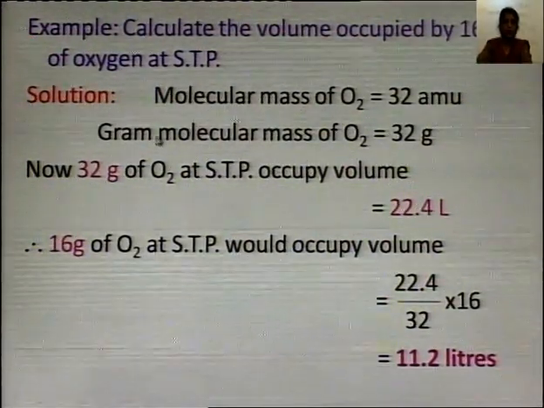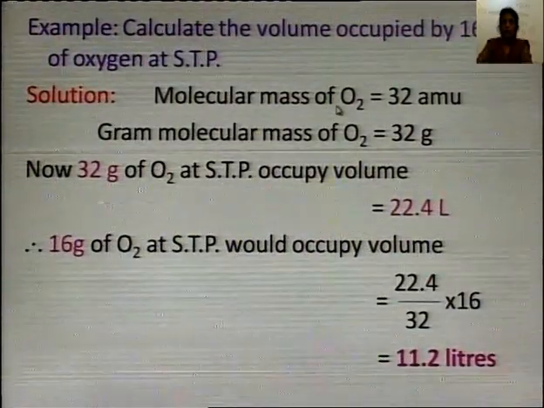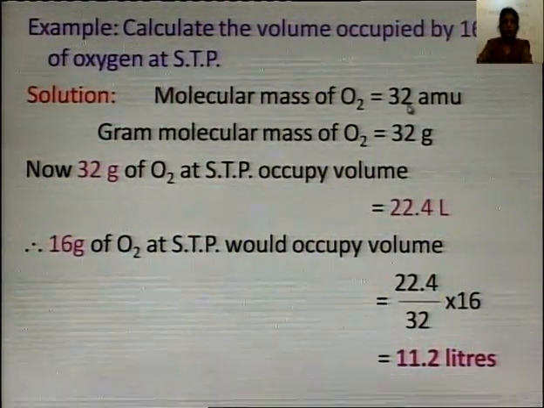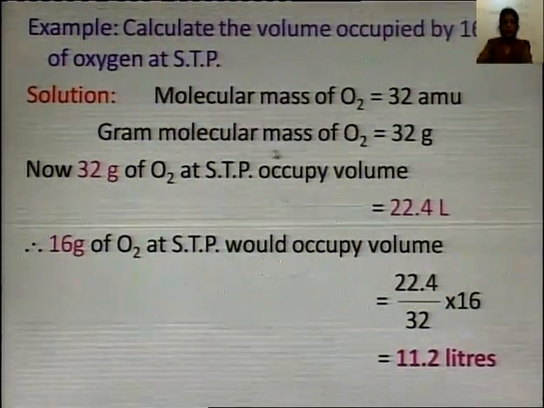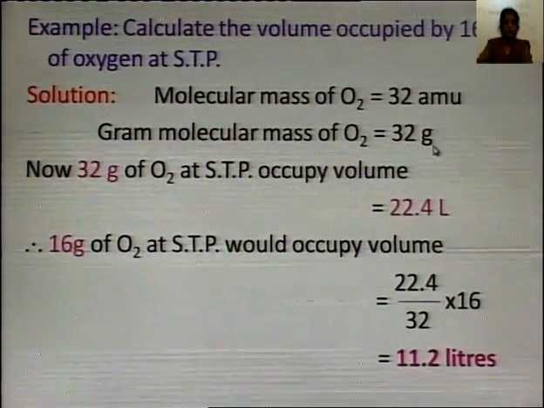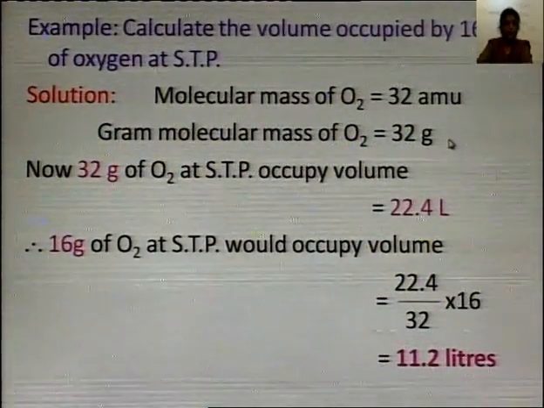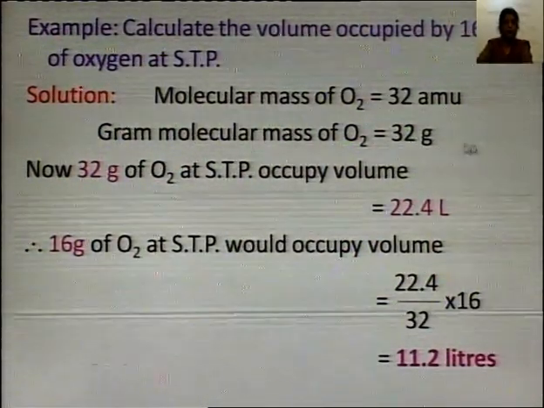So, first of all, molecular mass of oxygen, now you must be quite familiar with this term, it is equal to 32 AMU, its gram molecular mass is 32 gram, and this is equal to 1 mole, and its volume will be 22.4 liters.